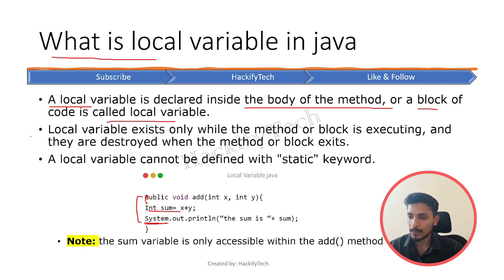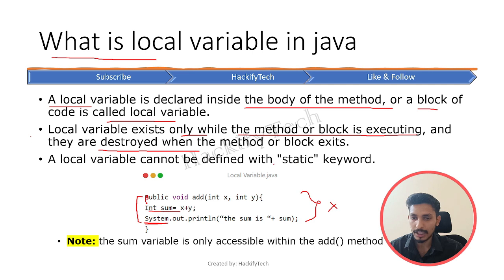One more point is that a local variable exists only while the method or block is being executed. Until the block is in execution, the variable is available. Once the execution of the block is completed, that variable is destroyed.